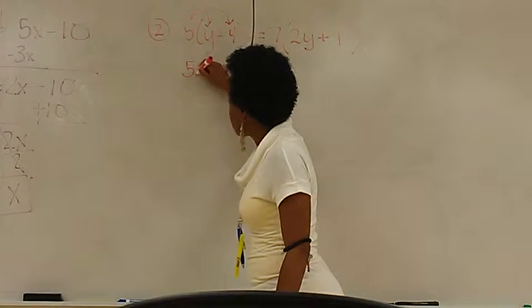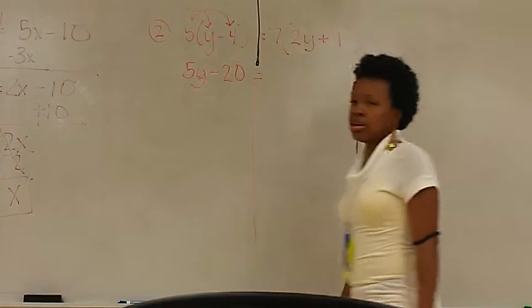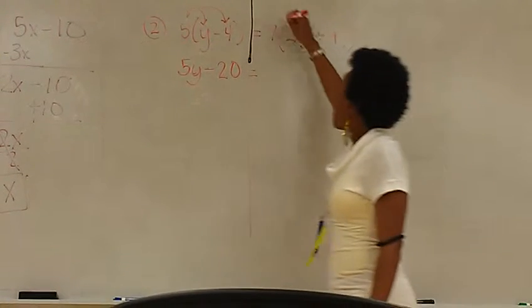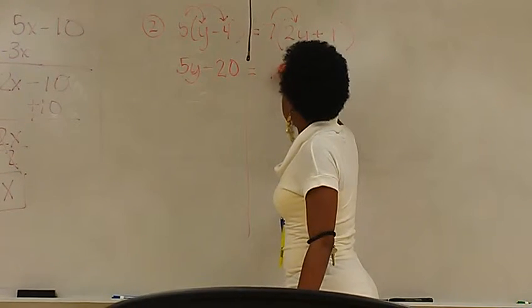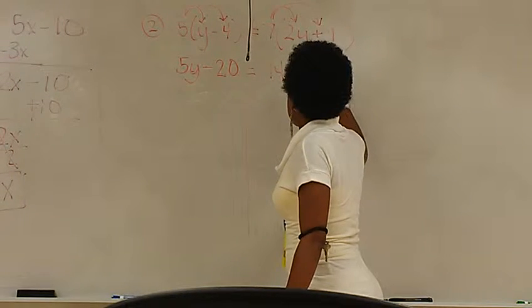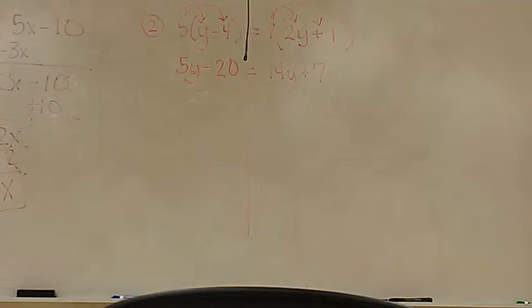Okay. And what else? 7 times 2y is 14y, and 7 times plus 1 is plus 7. So far, so good?